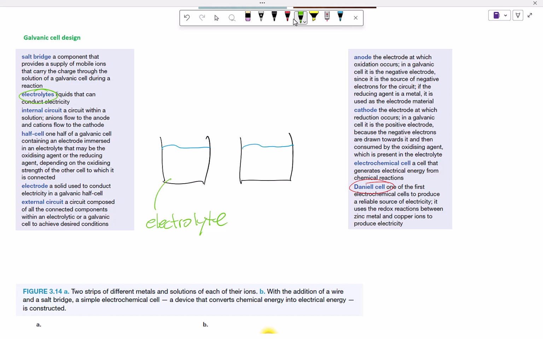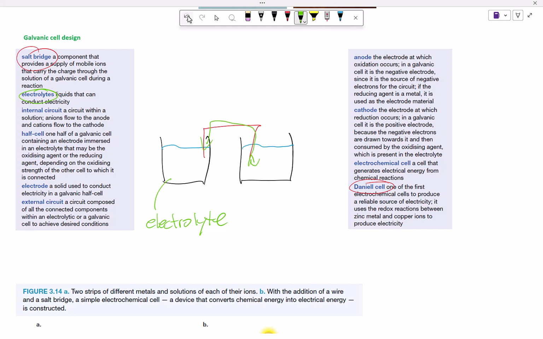What I want to do is connect both of the solutions together, and I'll use a salt bridge to do that. That provides a supply of mobile ions that carries charges between them. So you're going to have charges flowing up there and going through like that.